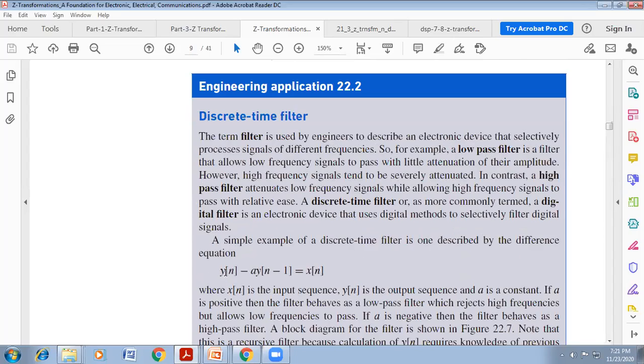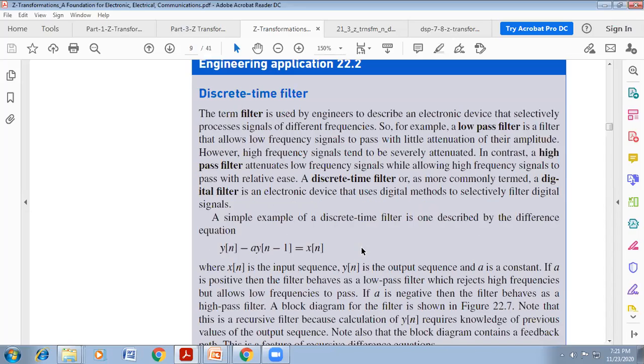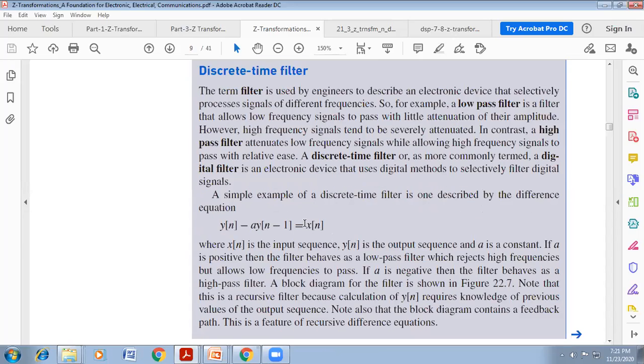Suppose there is an example: y[n] minus a y[n minus 1] equals x[n], where x[n] is the input sequence and y[n] is the output sequence. There are two sequences and a is a constant. If a is positive, then the filter behaves as a low pass filter, which rejects high frequencies but allows low frequencies to pass.